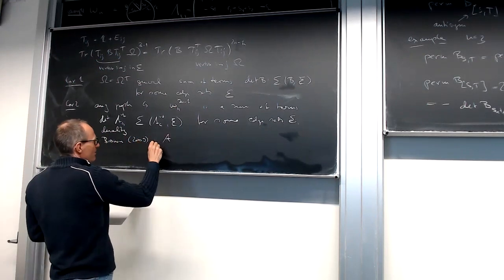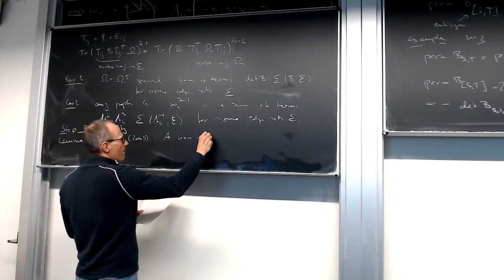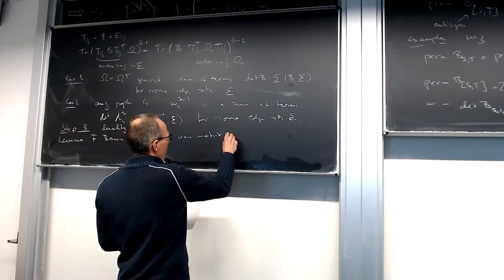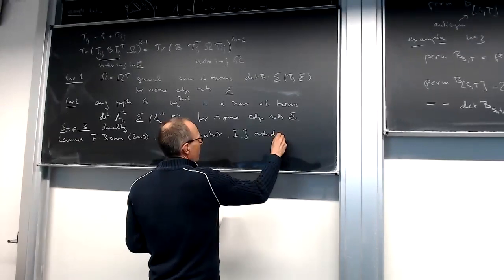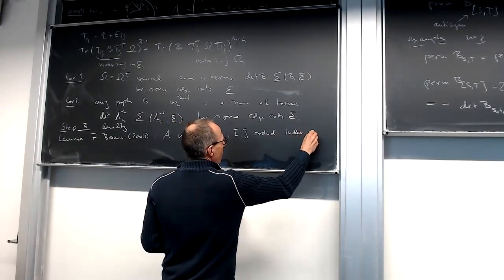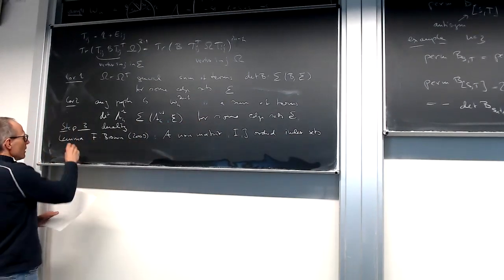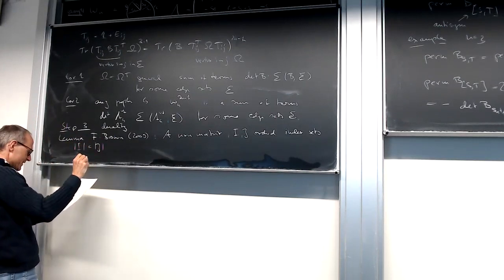For any matrix A, n by n matrix, we have ordered subsets, index sets, and we need a notation of the same cardinality. And we need the standard notation.